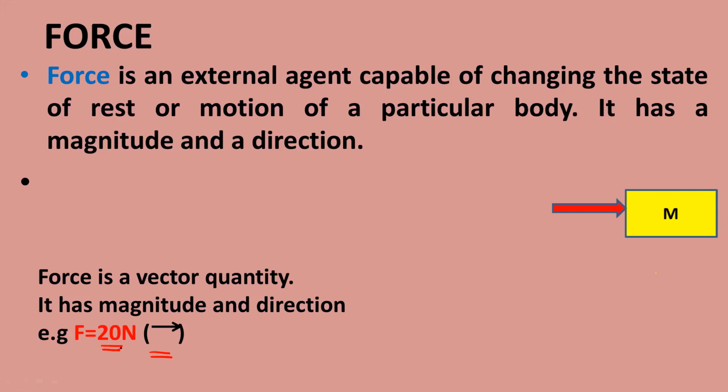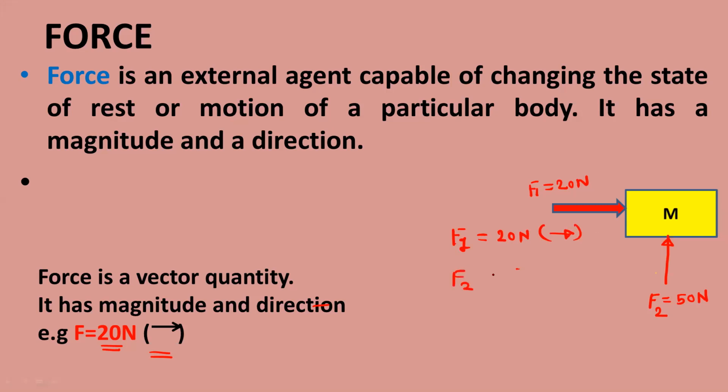This is the magnitude. Suppose force is acting in the y direction. Suppose this is the direction of the force. Let us take this force equal to 50 Newton. This is F2, and this is F1, which is equal to 20 Newton. So we can write F1 equal to 20 Newton, and we have to specify its direction as the positive x direction.